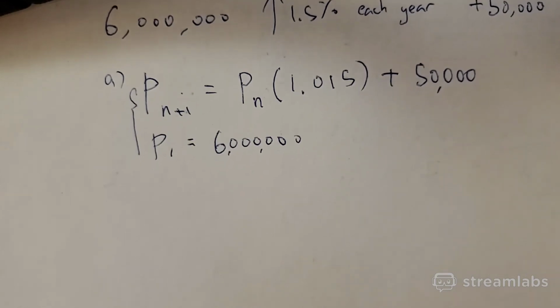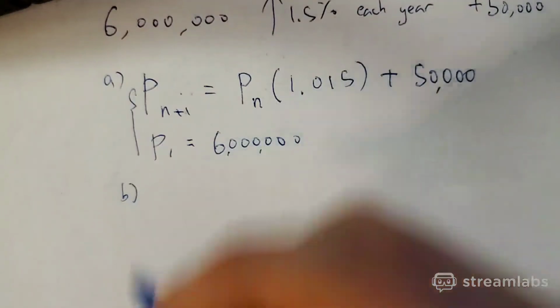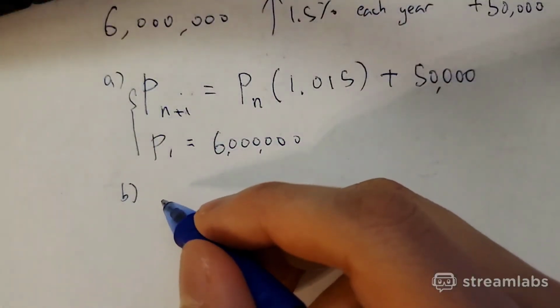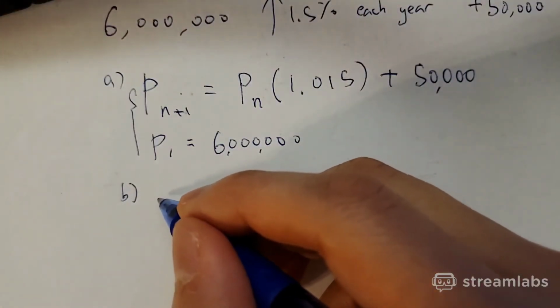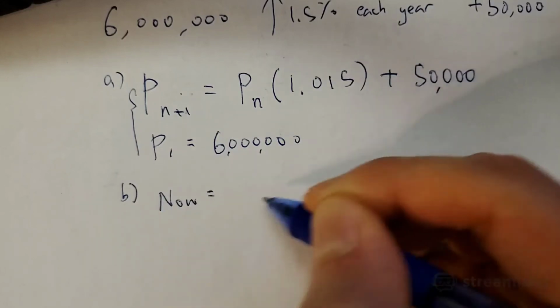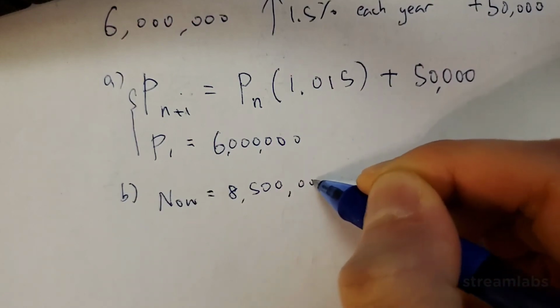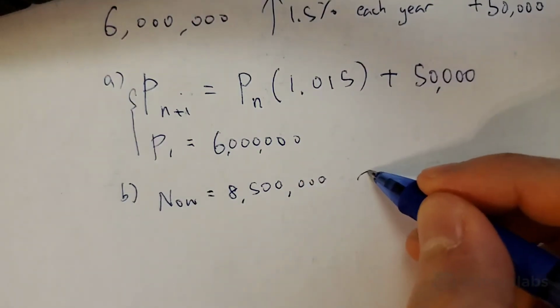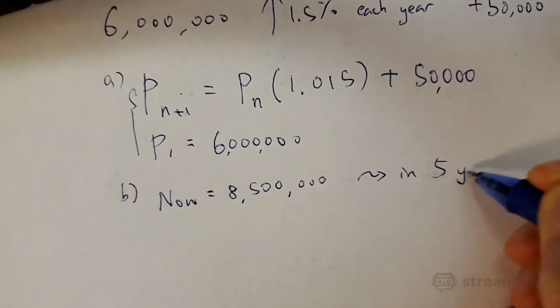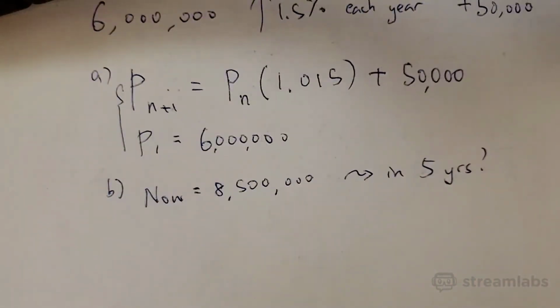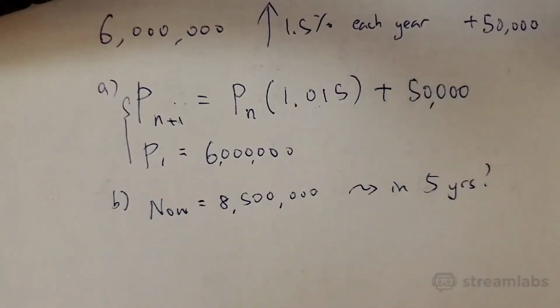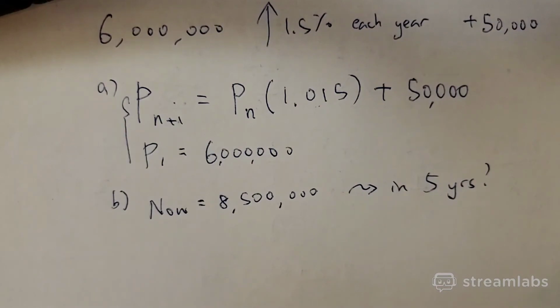Okay, and then part B, really you just start doing it. They say, if now the population is 8,500,000, what about in 5 years? So you'll use this formula 5 times, basically. Do it 5 times.